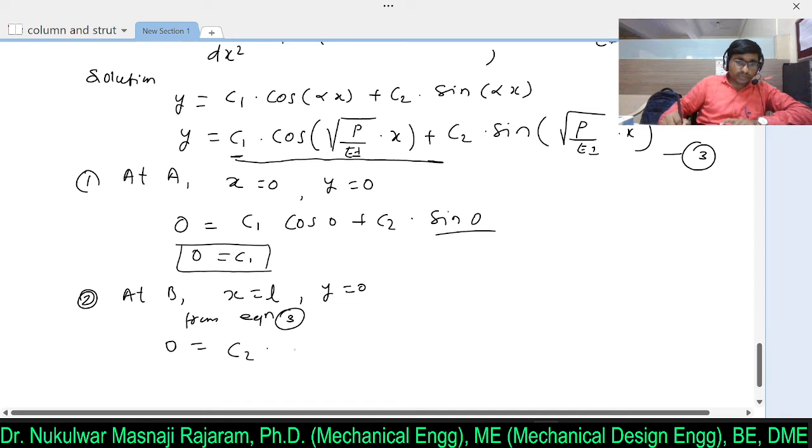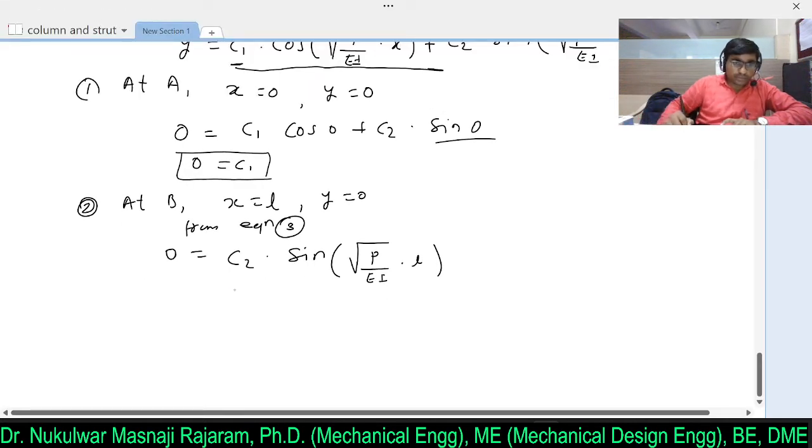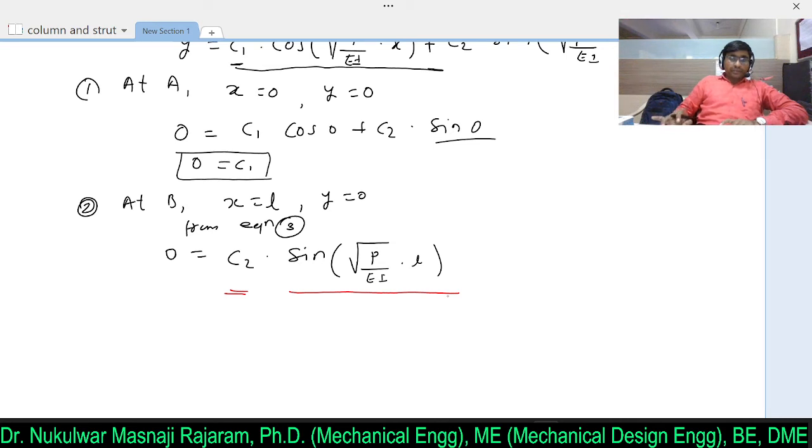So c2 into sin of under root of P divided by EI into L. Clear? Now here if you observe, there are two terms, that is c2 and sin of under root of P divided by EI into L. Simple.